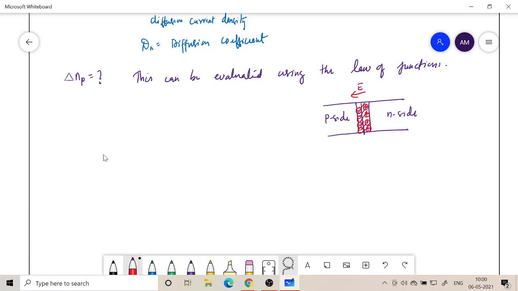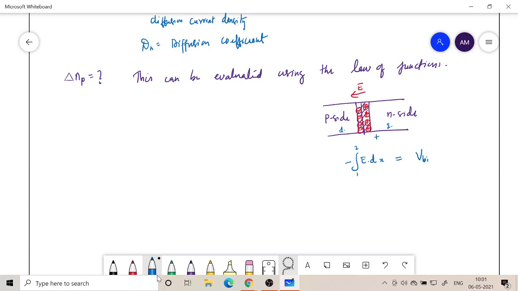Okay, from positive ions to the negative ions there is going to be an electric field. If I say that this side is 1 and this side is 2, and I integrate this electric field from 1 to 2 with a minus sign, you will get basically the voltage of the N side, because the N side is more positive.